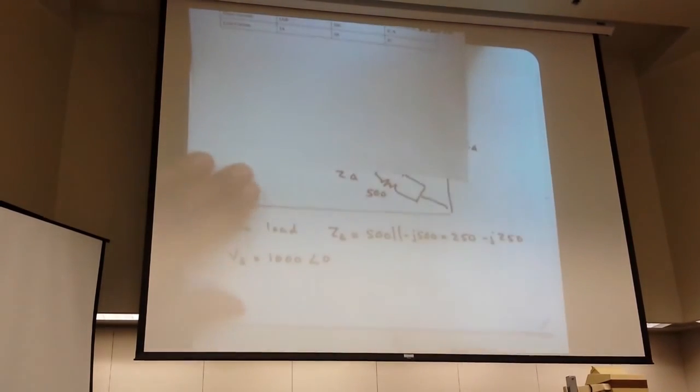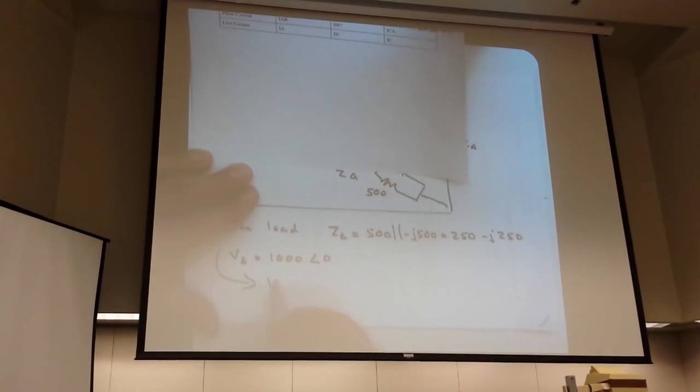So we have a delta load, line voltage, and branch current relationship. In other words, V line equals Z delta times I branch.